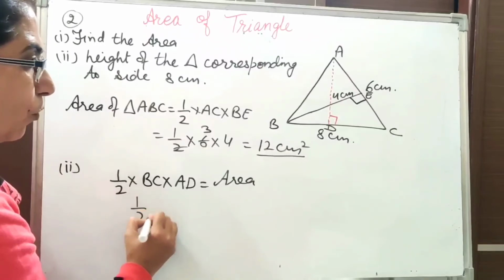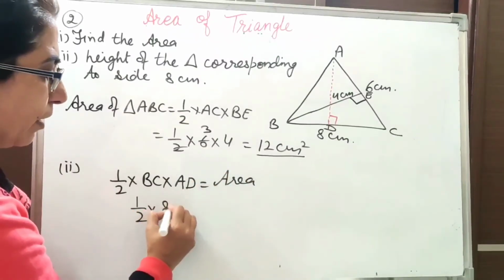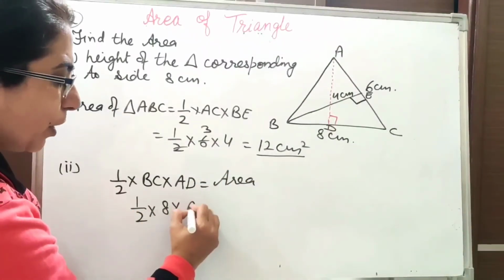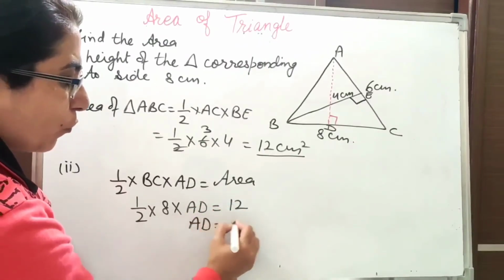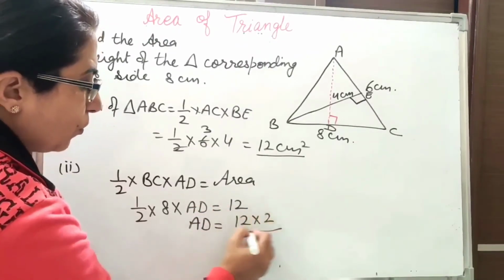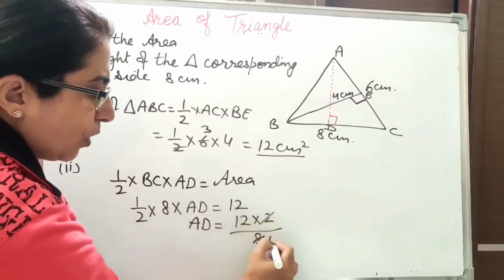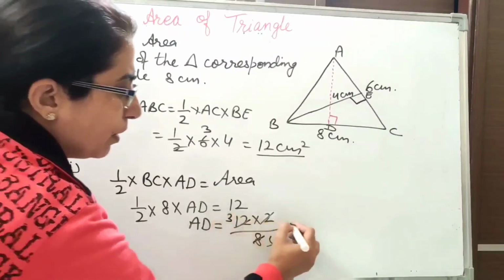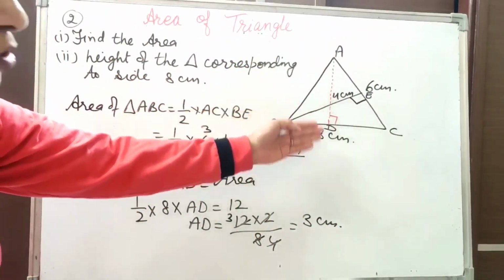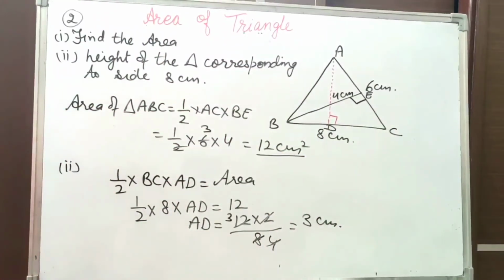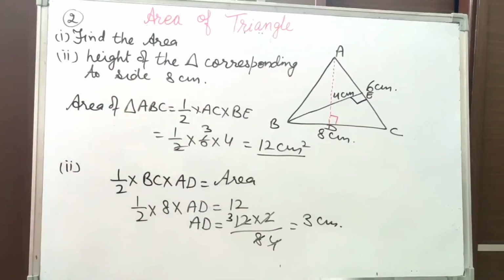So 1 upon 2, base is now 8 cm and we are finding the corresponding height, equal to 12. After solving this equation we get 12 into 2 upon 8, which is 3 centimeter.